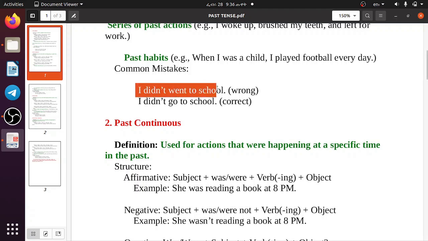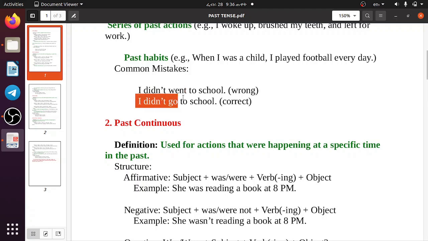Common mistakes when we use simple past tense. This is wrong: I didn't went to school. Why? We cannot use two past verbs. Didn't is past, went is past. So this is wrong.